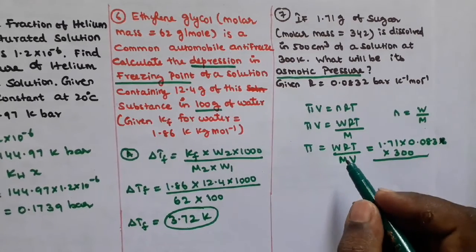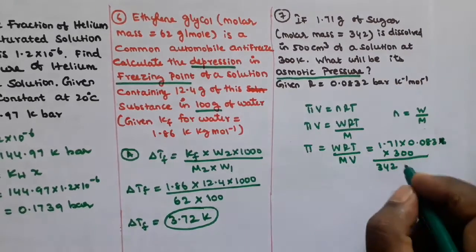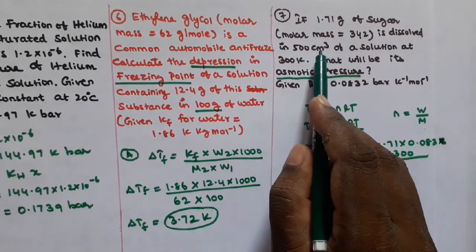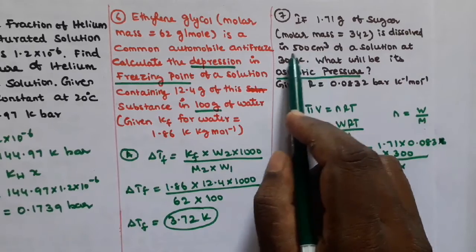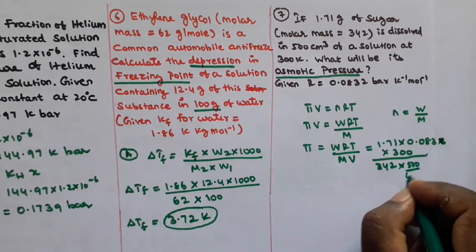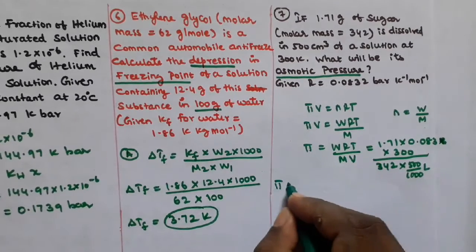molecular mass, that is 342 given, into V. A centimeter cube is a milliliter, therefore 500 milliliter. So in liters, 500 by 1000.